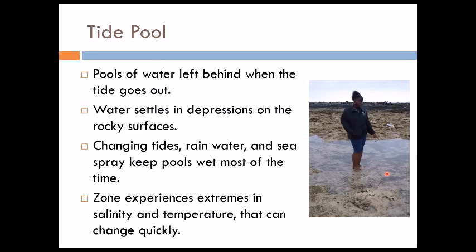Whenever that happens, that's going to make this water more and more salty until eventually you have the next high tide that's going to bring in more fresh seawater. So depending on the time of the day, you will have varying levels of salt inside the water.